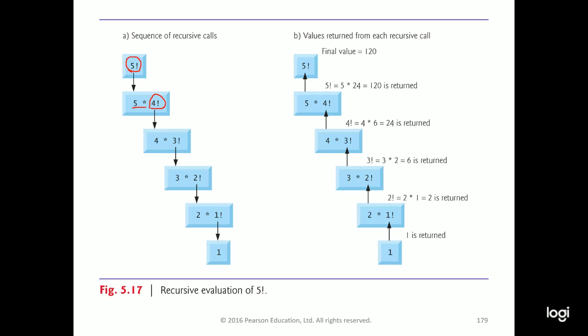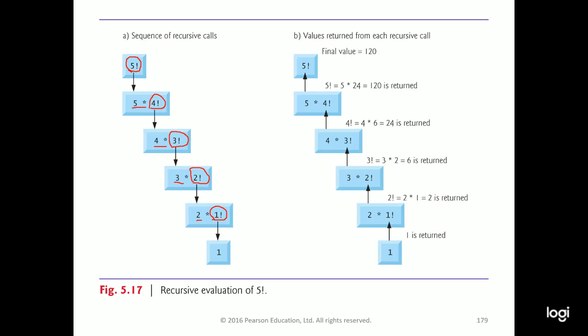It calls the function again, which breaks it down into 4 times 3 factorial, which again calls the function, which breaks it down into 3 times 2 factorial, which again breaks it down into 2 times, the simple part, times the complex part, which is 1 factorial.